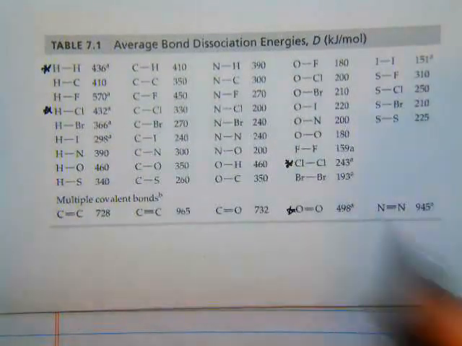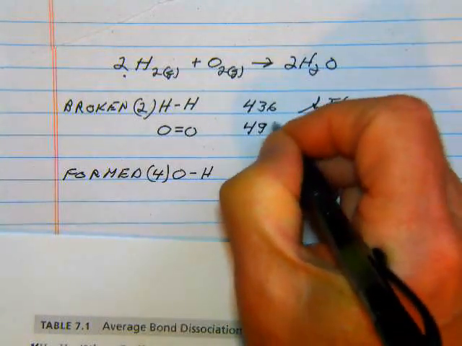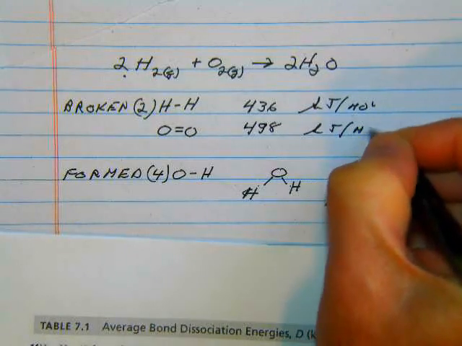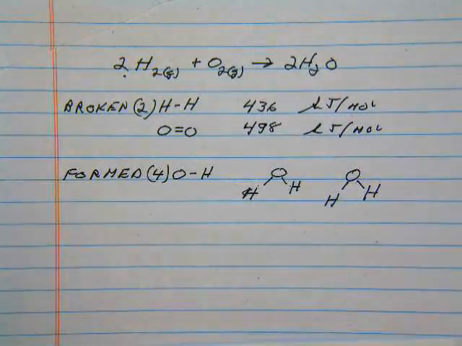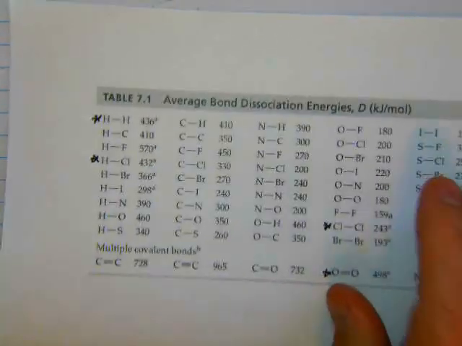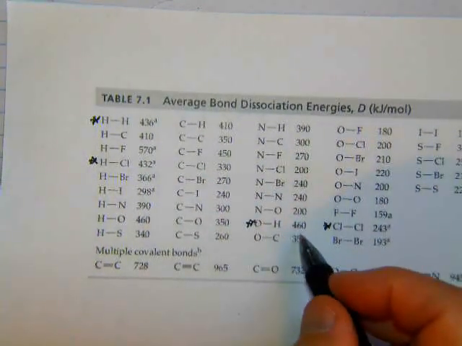It looks like it's going to be 498, kilojoules per mole. And the O-H bond, let's see if we can find O-H. Here it is right here, and that's 460.